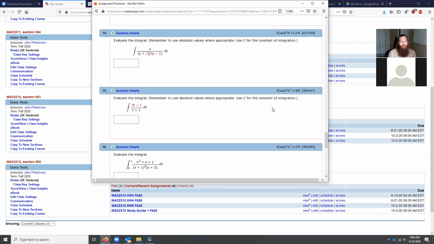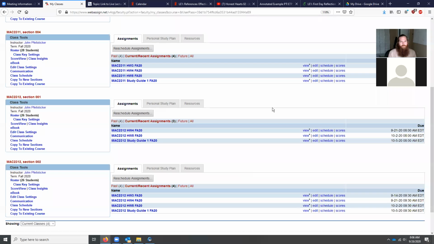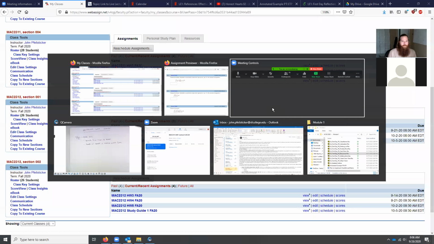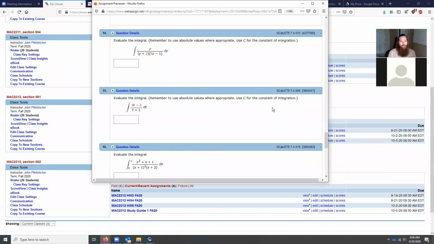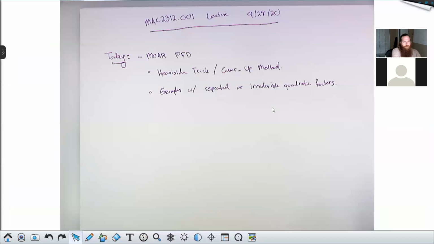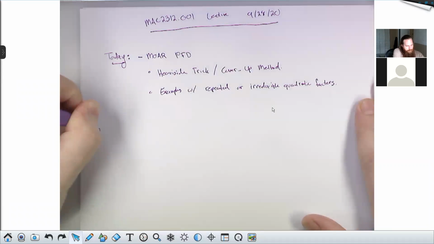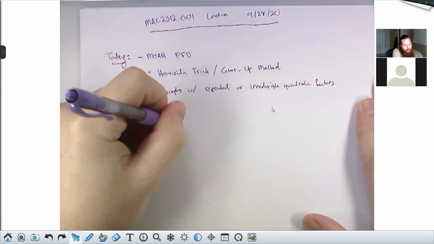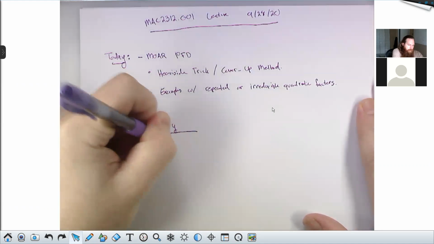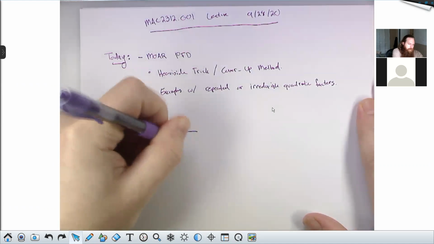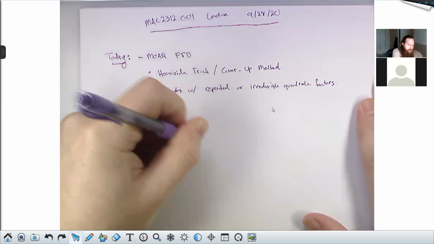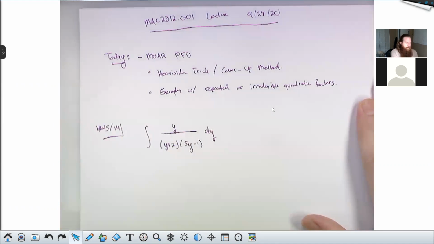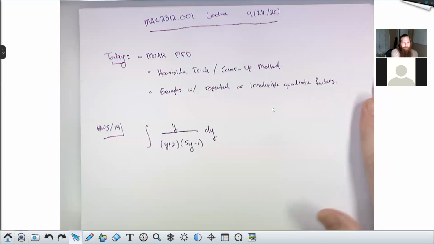Let's do number 14, homework 5: y over (y plus 2)(5y minus 1). Okay, I think that's correct, right? Yeah, all right.